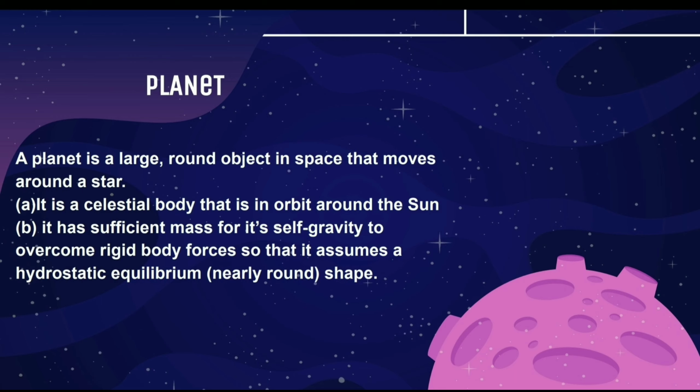This means its mass is enough for gravity to keep it in place, so it overcomes rigid body forces, and it assumes this nearly round shape, which is the basis of it being the right mass, the right size to be held by gravity. That's simply what it's saying.